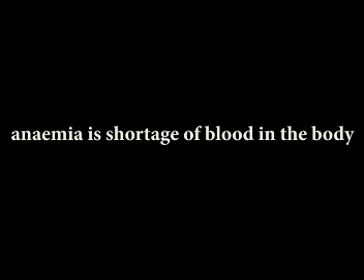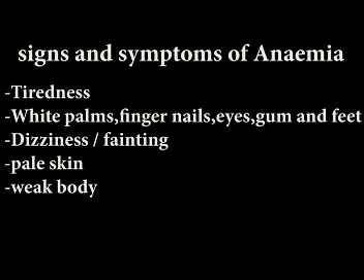Anemia is a condition of shortage of blood in the body. When you are not having enough blood in the body, then the chances of you getting anemia are very high. Anemia can affect both grown-ups and children. One feels tired after doing a small piece of work. Some parts of the body turn whitish.